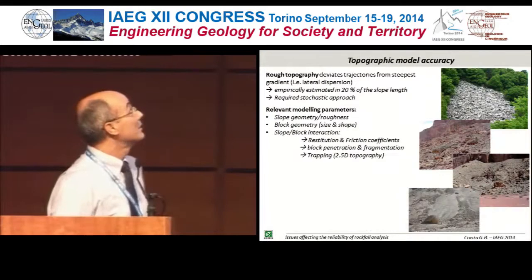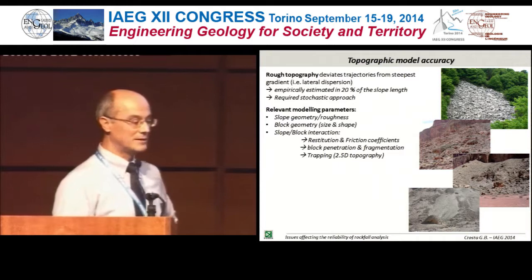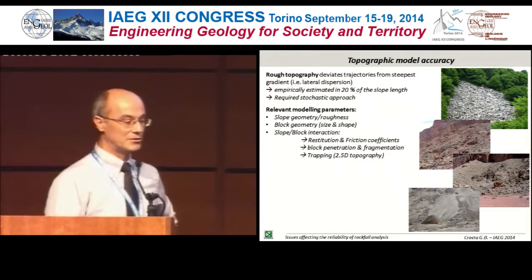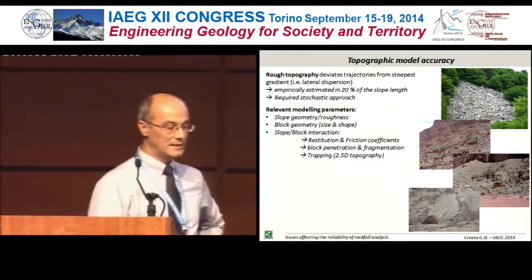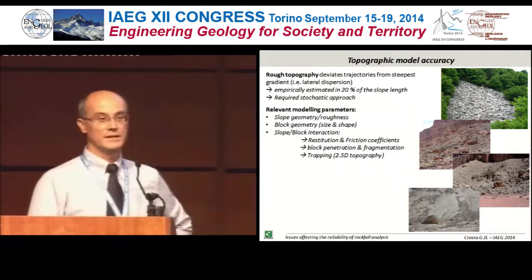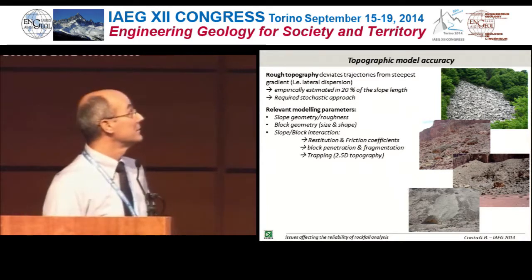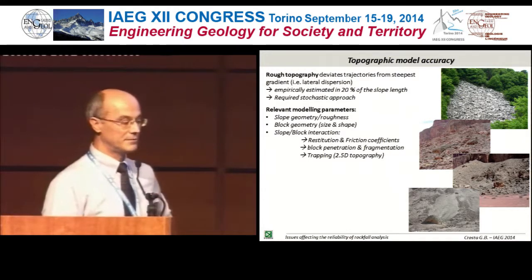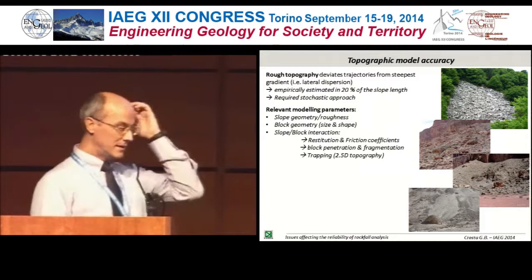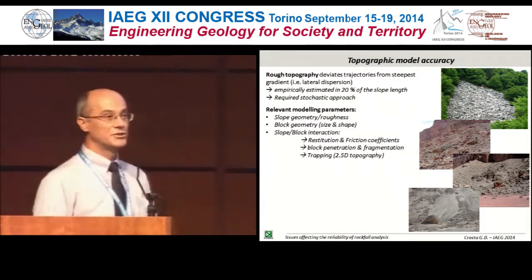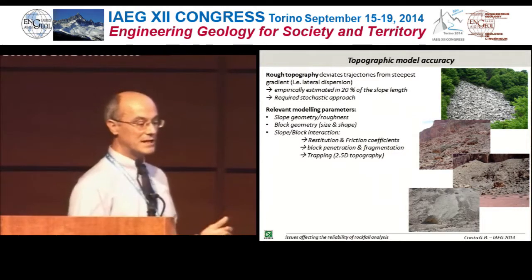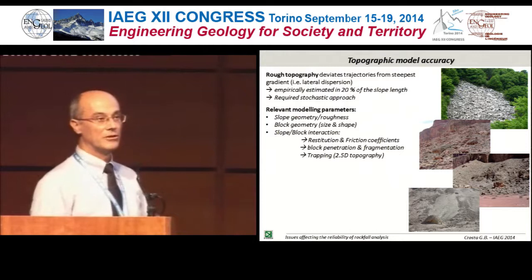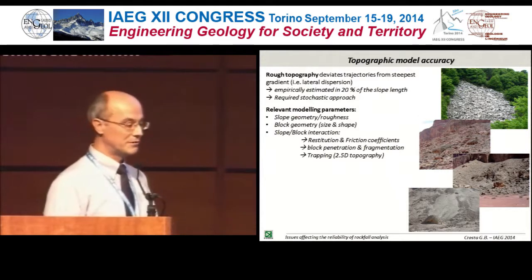So one of the problems that we commonly have is the description of topography, and usually there is a strong effect played by topography on directing or redirecting rockfall trajectories. And it has been empirically shown, and also yesterday we have seen, that there is a dispersion that more or less is 20–30% of the length of the slope according to field observation.